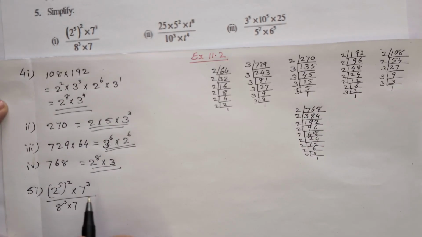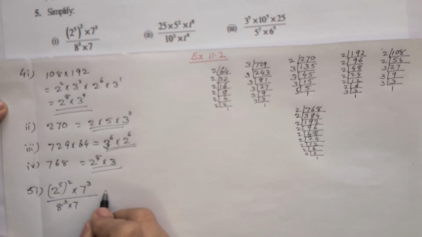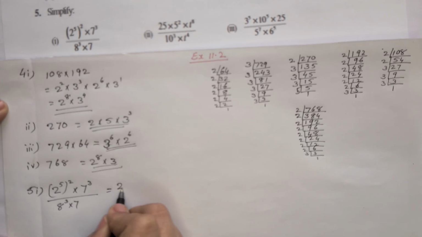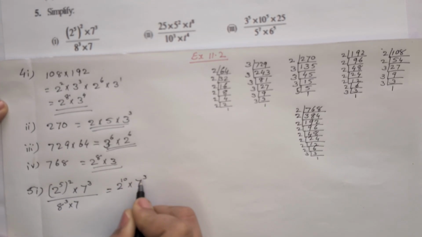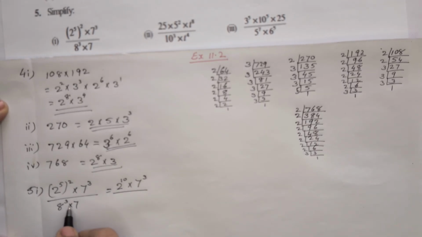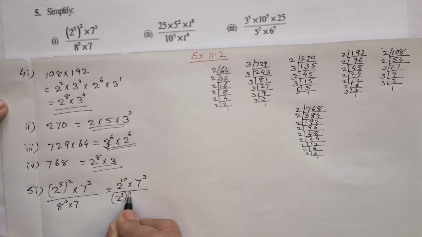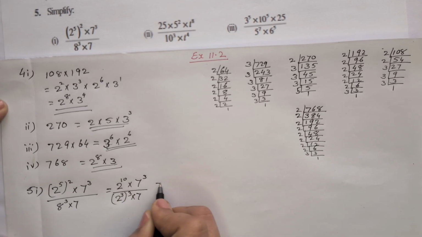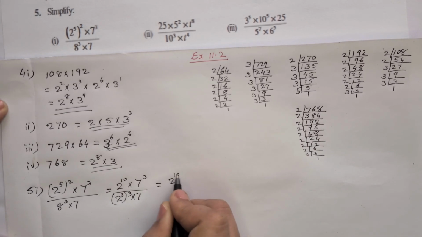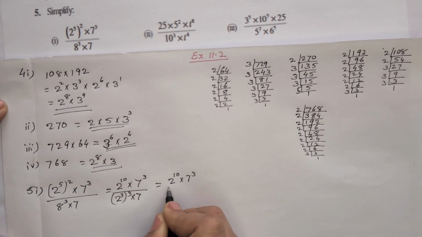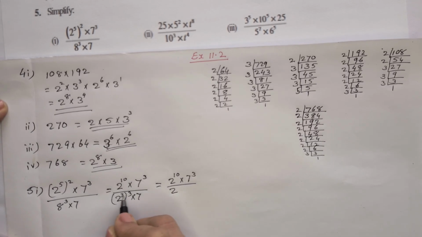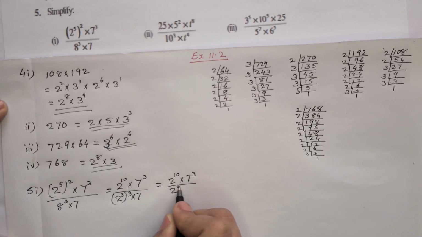Fifth question, simplify 2 raised to 5 the whole square. That we can write as 2 raised to 5 into 2, 10, into 7 cube divided by 8, we can write as 2 cube, the whole cube into 7, which is equal to 2 raised to 10 into 7 cube divided by 2 raised to 3 into 3, 2 raised to 9 into 7.